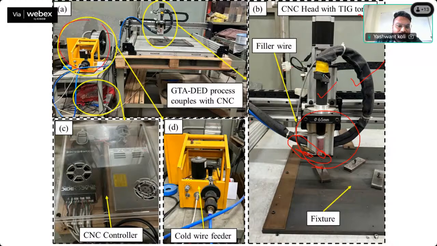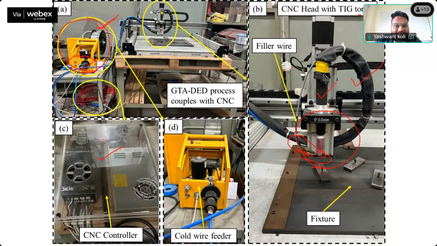This is the external cold wire feeder we are using, because in MIG we are already getting a filler wire feeder, but with TIG we are externally applying this cold wire feeder. This separately feeds the wire, and we can manage the wire feed rate with this external cold wire feeder. So this is the CNC controller black box.